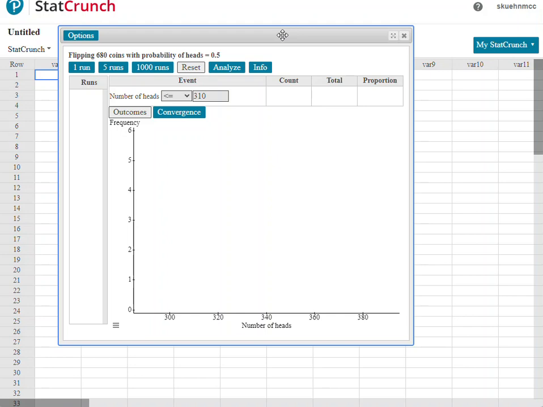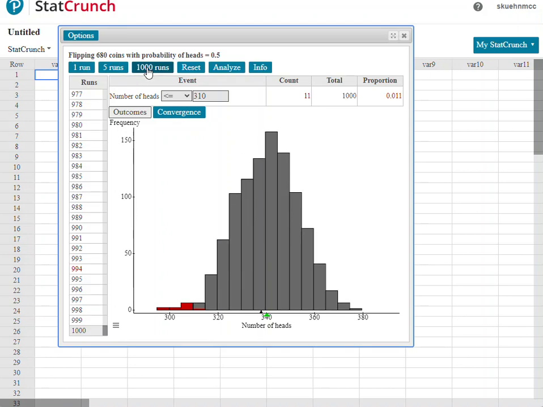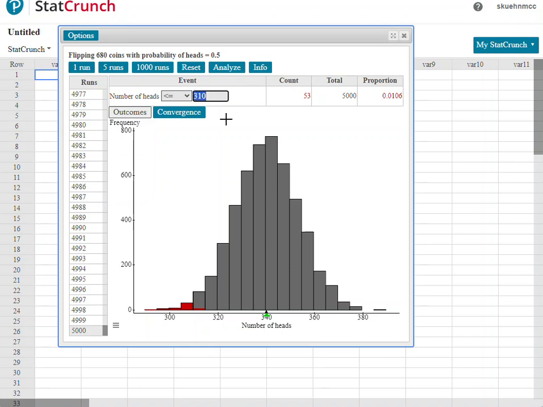And we're going to simulate this 5,000 times. Each of these 5,000 trials represents picking 680 stocks each time. And how many of those trials resulted in 310 out of 680 or fewer correctly picked stocks?